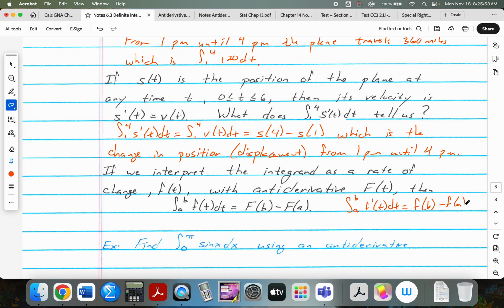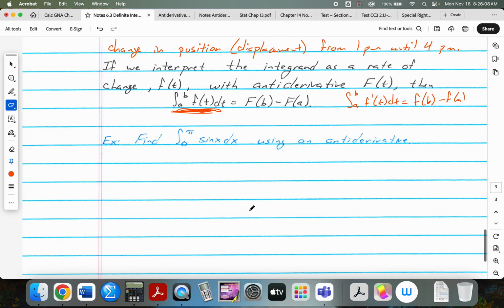But for now, what we need to know is if we're going to evaluate this definite integral, and they don't tell us much about it, we have to find an antiderivative. We haven't gotten much in the way of rules for antiderivatives, but let's take a look at this one. So what can I take the derivative of and get positive sine? Negative cosine. So this is going to be negative cosine at pi minus negative cosine at 0.